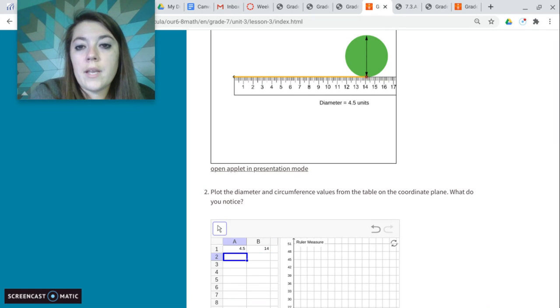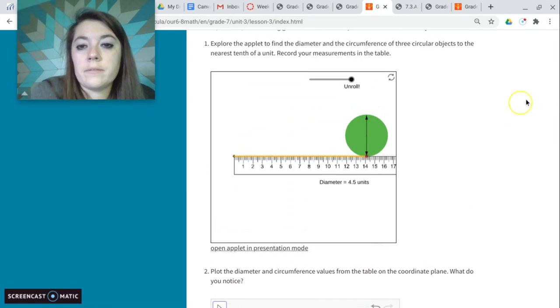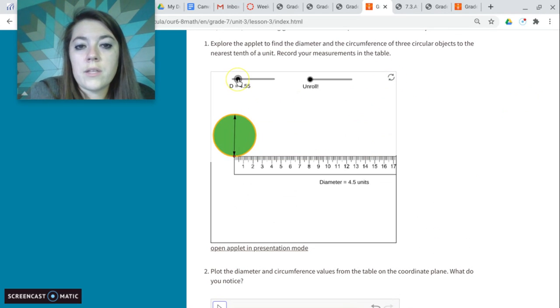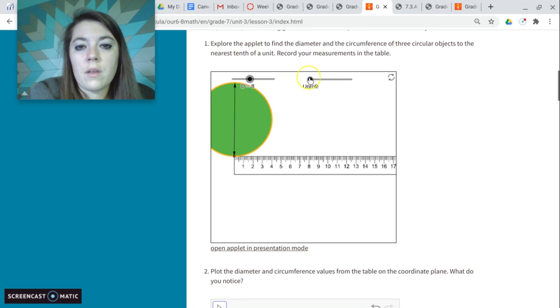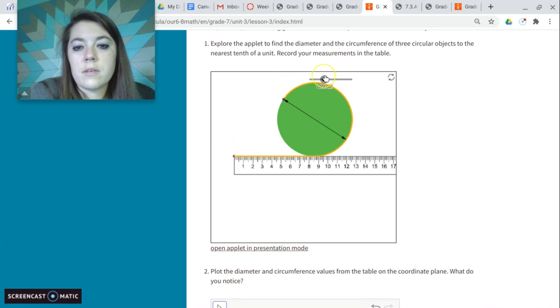Okay, now let's try another one. Refresh it. So let's do a bigger diameter. So let's do 8. We unroll this.